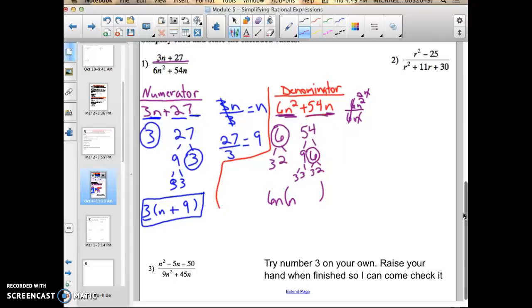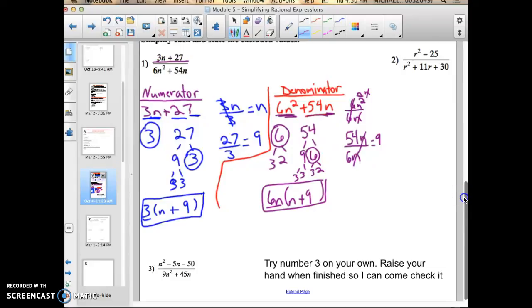Now, the second term, 54n divided by my GCF of 6n. 54 divided by 6 is a positive 9. And then n divided by n, they cancel out, so I'm just left with plus 9. This is my denominator.